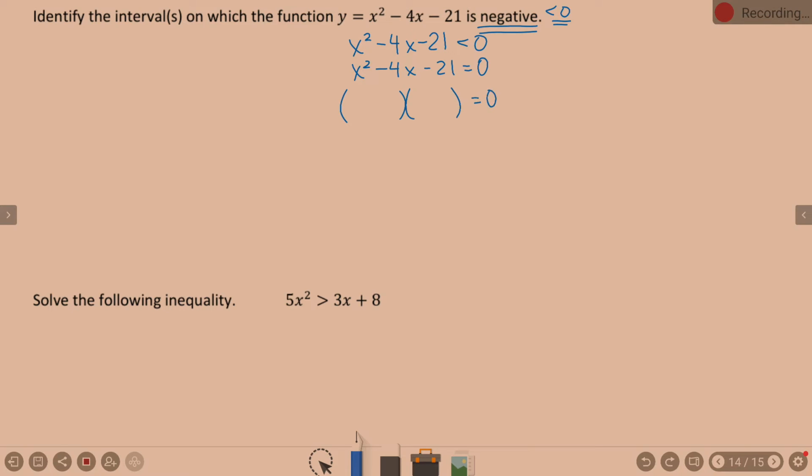So I would encourage straight to parentheses. X squared breaks into what? X and X. Two numbers that give me a product of -21 and a sum of -4.